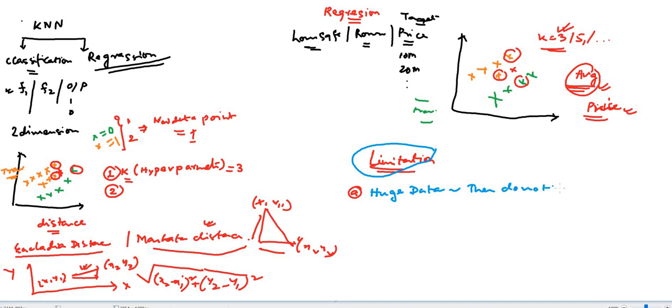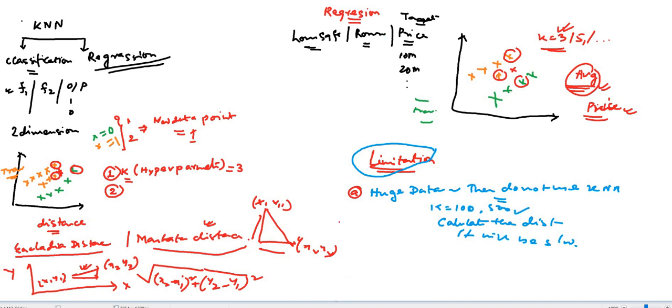Do not use KNN. Why? Because if your k value is very high, like 100 or 50, something like this, then you have to calculate the distance every time, so it will be slow. Okay, clear? So the first disadvantage is clear.